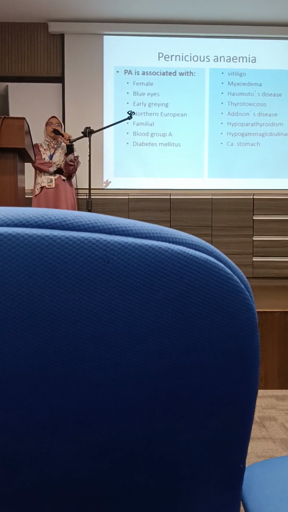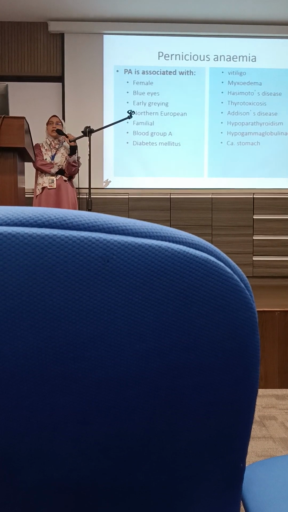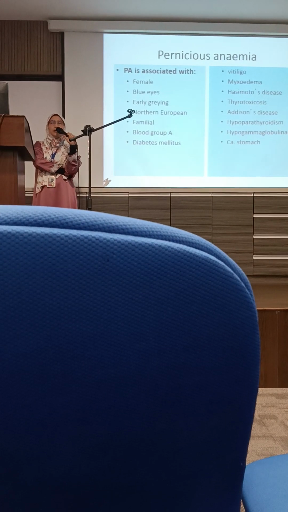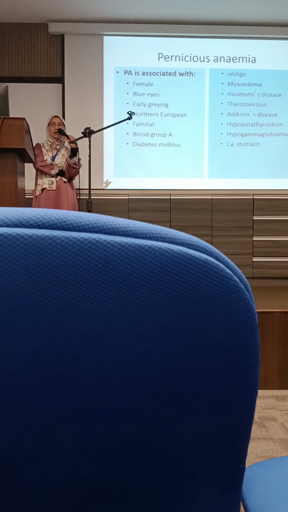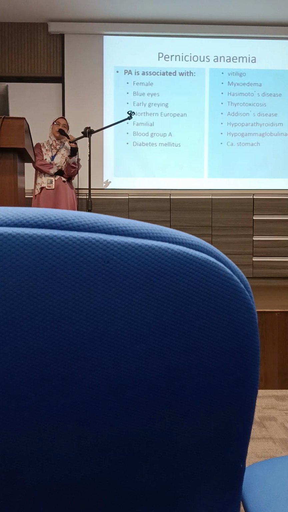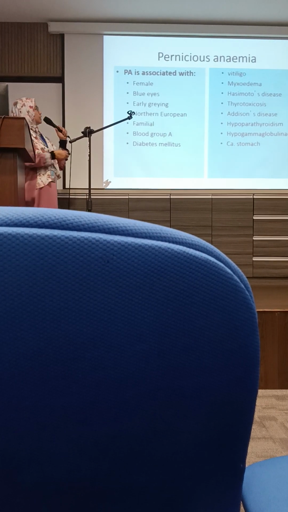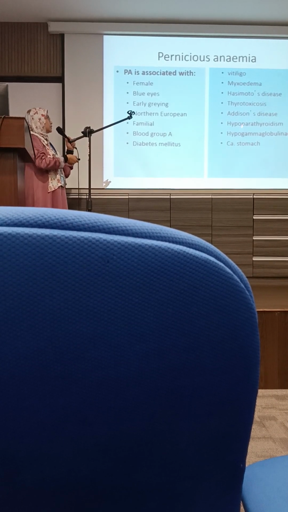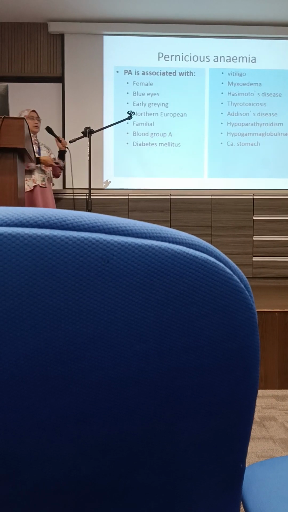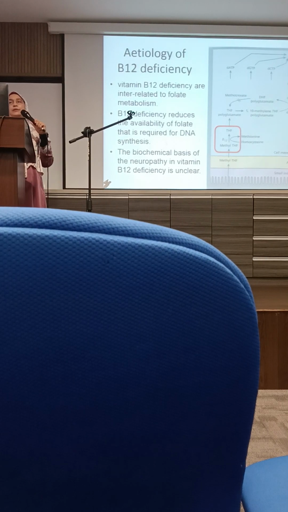Okay, it is usually associated with female, usually in Caucasian lah, Mak Saleh, early graying, blue eyes, mainly in Northern Europe, and it is familial, blood group A and diabetes mellitus, because diabetes can also associated with autoimmune, and it is also associated with other autoimmune diseases like vitiligo, myxedema, Hashimoto, thyrotoxicosis, and a long list lah actually. Ini pun dah belajar kot.